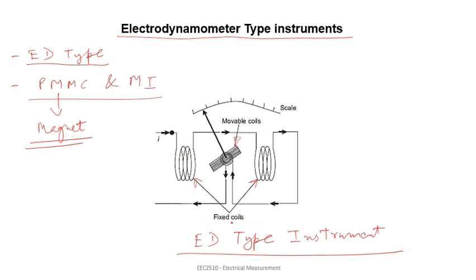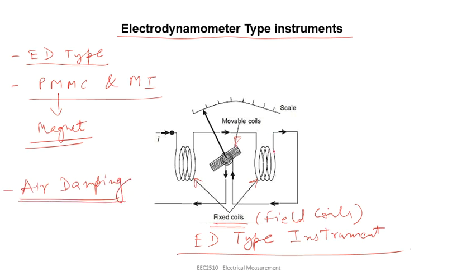These two are fixed coils, and these can also be called field coils. Another major difference from the PMMC instrument is that the electrodynamometer type instrument usually has air damping. That setup is not being shown in this figure, but this instrument will have air damping.